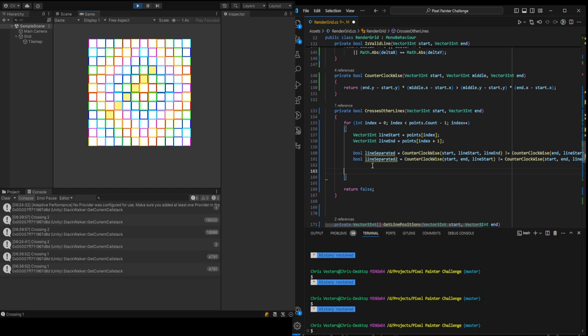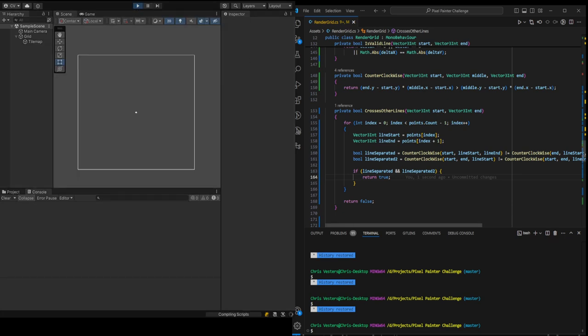And then I say if line separated 1 and line separated 2, then true, else return false. And then I still might have to do checks upon the points because that might be problematic. I don't know.